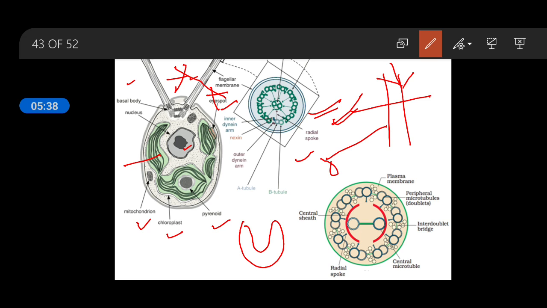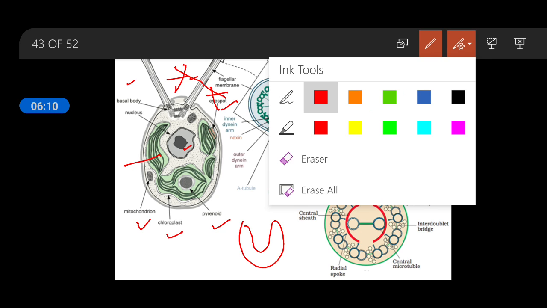Microtubules are made up of globular proteins known as tubulin, alpha and beta. Alpha and beta are arranged and form a coiled structure like this. So this is one microtubule, and similarly this is the second microtubule. These two microtubules you can see in the center region.